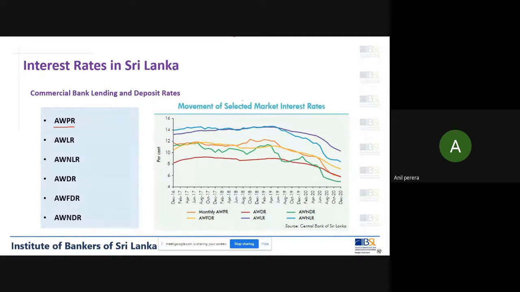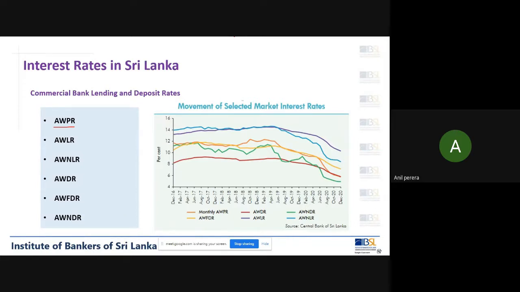AWPR means... AWPR is the acronym, but the long name is average weighted prime lending rate.